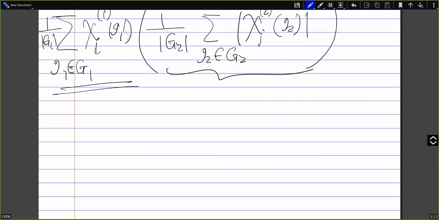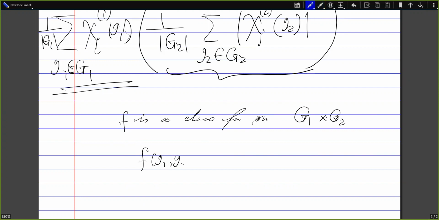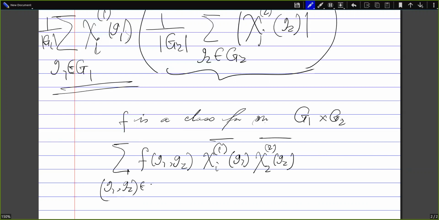Now we will assume that f is a class function on the product, and f is orthogonal to all chi_i chi_j's. So the sum over (g1, g2) of f(g1, g2) times chi_i(g1) chi_j(g2) conjugate is 0.